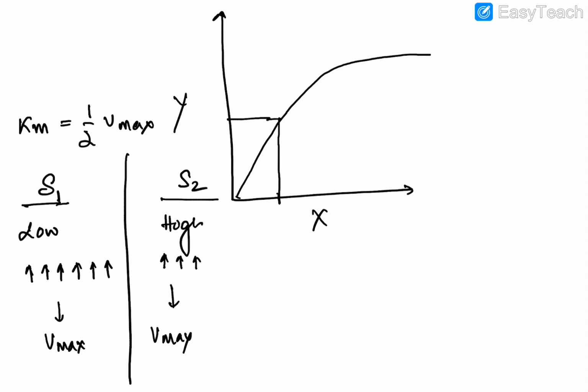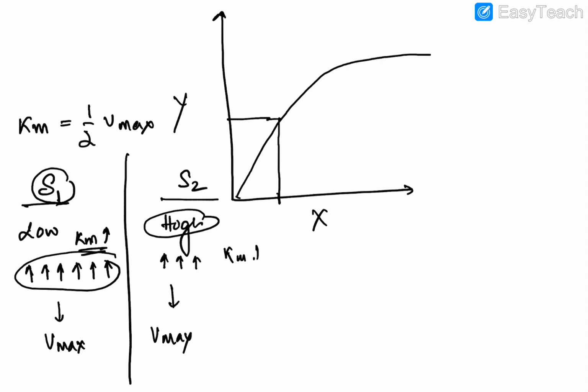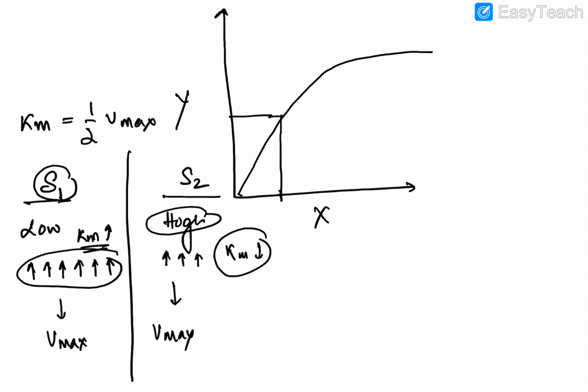That means a substrate which has low affinity will have a high Km, and a substrate which has high affinity will have a low Km. So this is the second principle, that Km is inversely proportional to the affinity of the enzyme for its substrate.